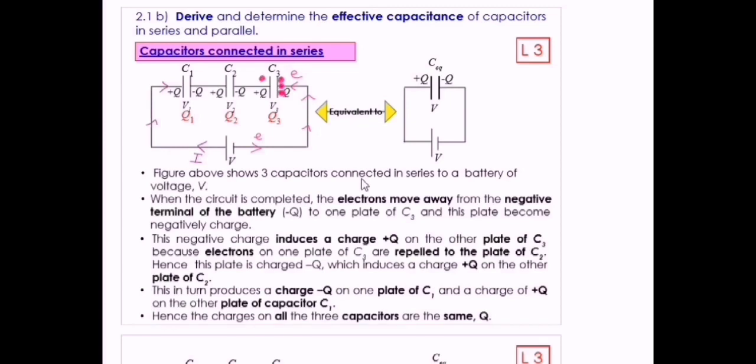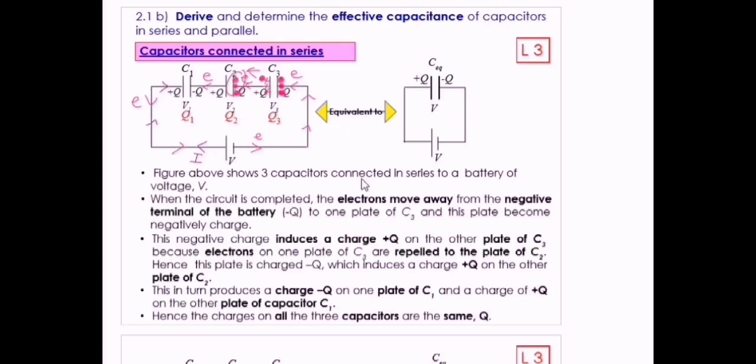When they repel, it will cause the electrons to flow in this direction, moving to the next plate. Here would be positively charged because only protons are left. All electrons have been repelled, so here would be negatively charged.